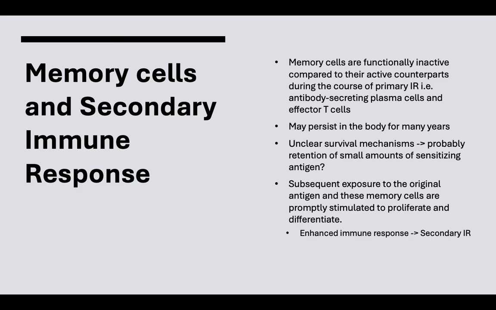still unclear. Because remember, from affinity maturation, there should be a constant supply of the antigen that's serving as a ligand to the BCR and TCR of memory cells, I mean, for B cells.